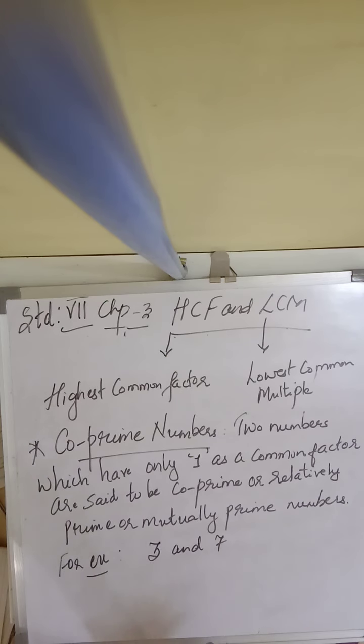First thing, you need to write the factors of 3. Now children, you have learned how to write the factors of any number in your previous class. Yes or no? Factors means you write down all the numbers in whose table that number appears.